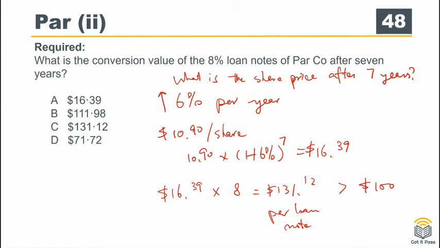So in other words, here is the answer, C. The investors will convert into shares because they can maximize their wealth.